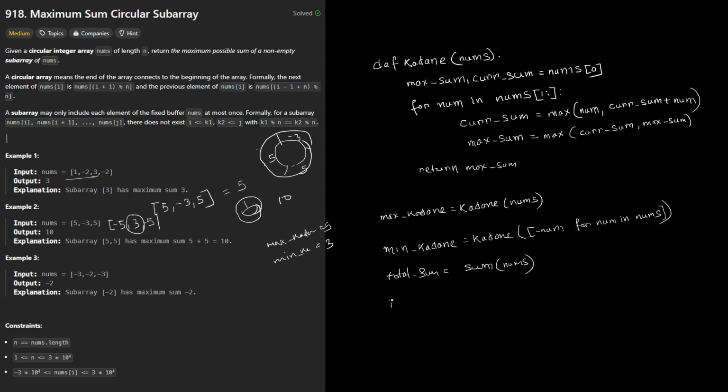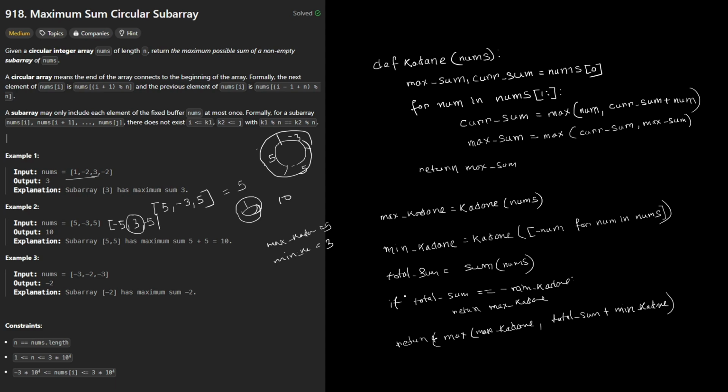Now for this edge case, if total sum equals minus of min Kadane, in that case I can return max Kadane. Else, in the normal case, I can return max of the max Kadane or total sum plus min Kadane.